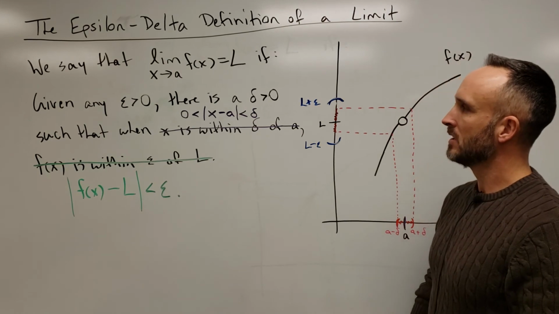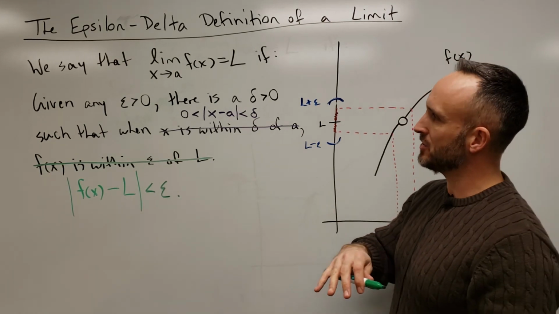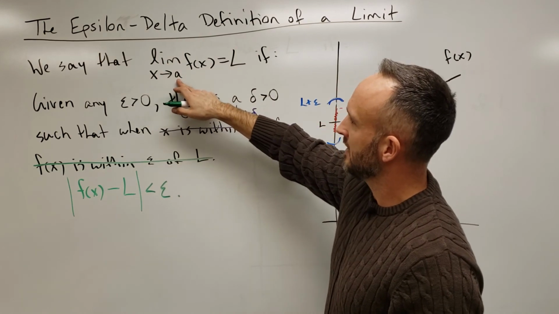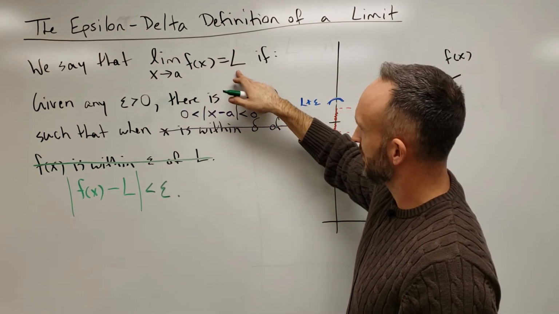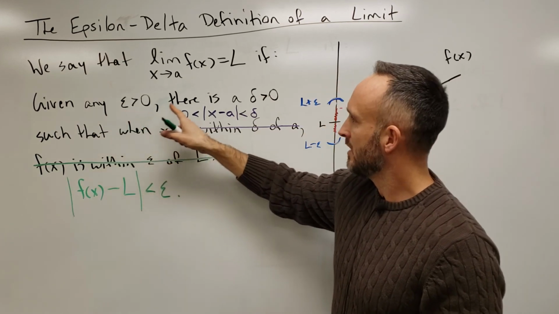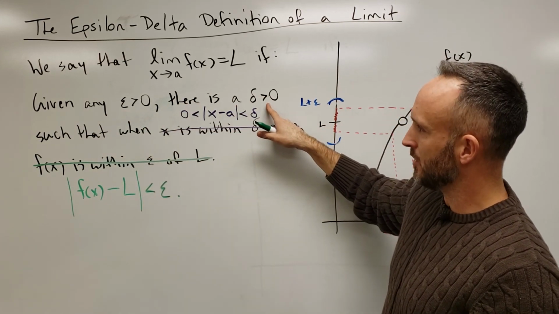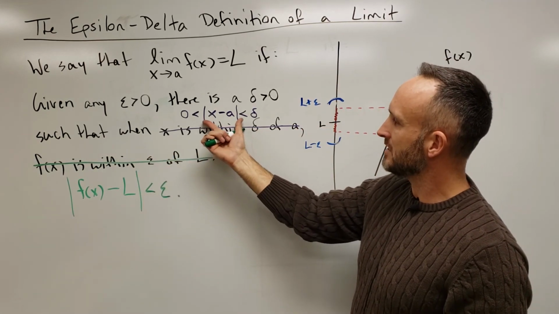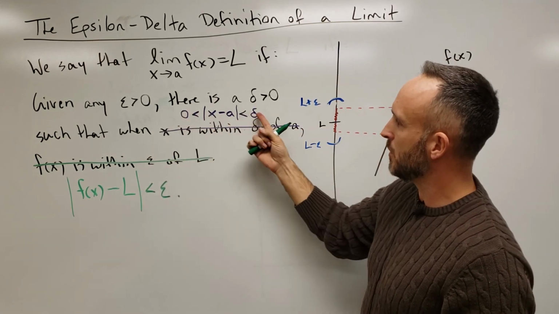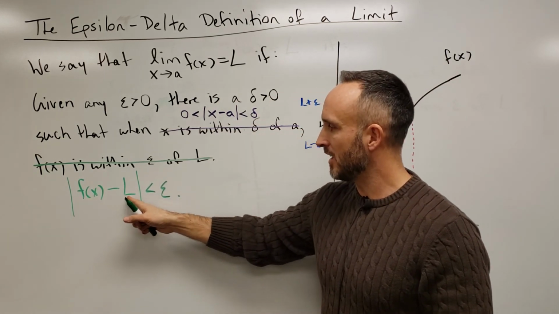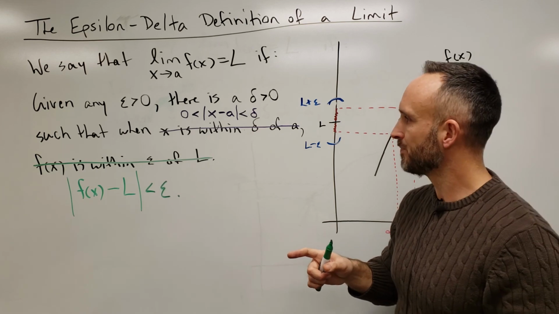Okay? So now the definition says the limit as x approaches a of f of x equals L if, given any epsilon greater than 0, there is a delta greater than 0, such that when the absolute value of x minus a is between 0 and delta, the absolute value of f of x minus L is less than epsilon.